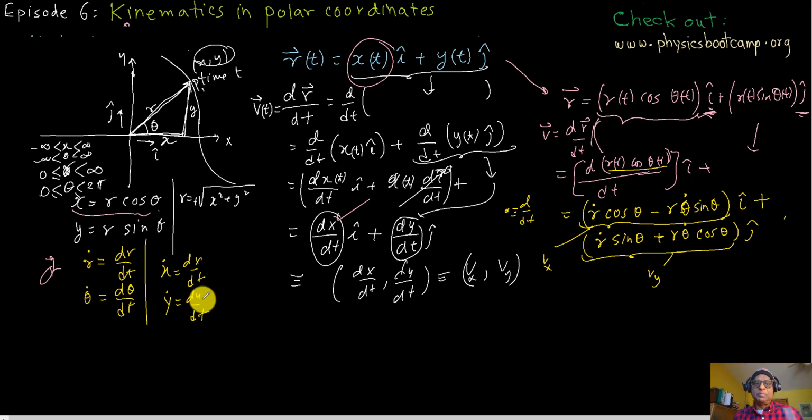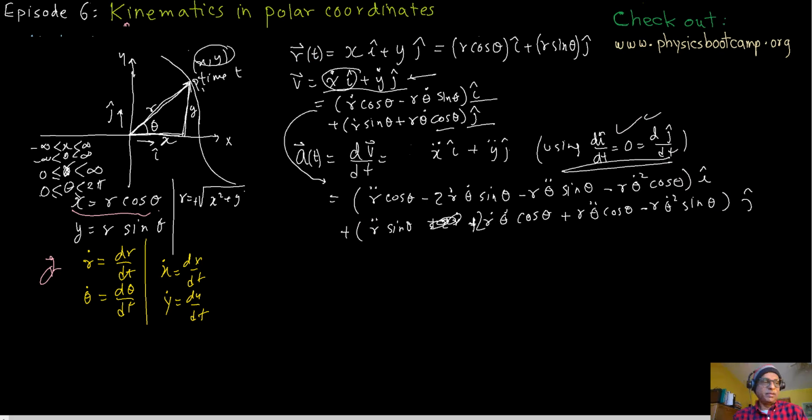Let me clean this up and do the acceleration quickly. Okay, so I went ahead and did the calculation for the acceleration, and you can see that I just have to take the time derivative of this. From the first line, just with the Cartesian, it's simply this.